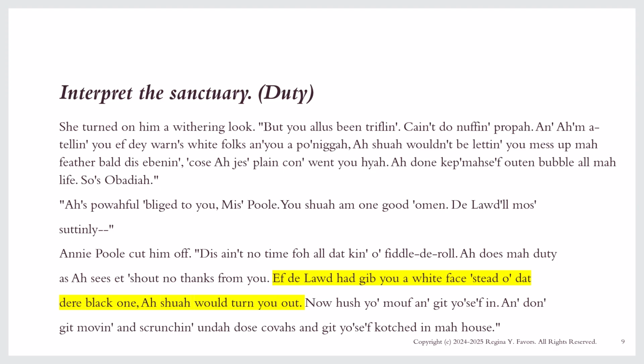You sure are one good omen. The Lord's most suddenly." Annie Poole cut him off. "This ain't no time for you kin and fiddle and roll. I does my duty, and I sees no thanks from you. If the Lord had give you a white face instead of that old dear black face, I should would turn you out. Now hush your mouth and get yourself in, and don't get moving and scrunching under those covers, and get yourself caught in my house."